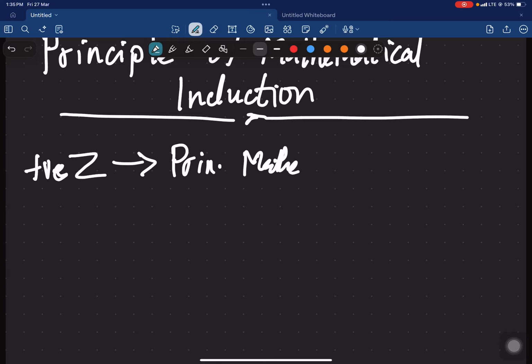So for example, let's say an identity or a statement is known for n equals 1 and 2, and it is presumed that it could be true for all other integers. Then the principle of mathematical induction is what helps us to establish this statement as either true or false.